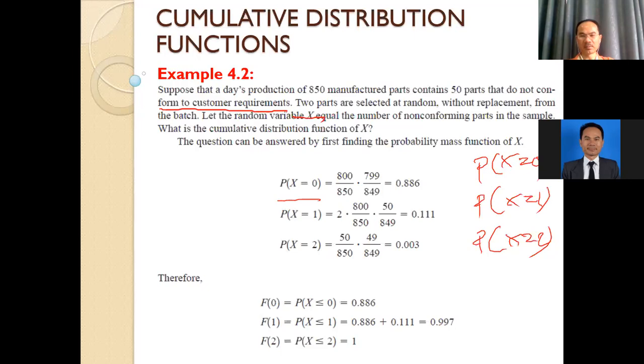For X equal to 0, we have 2 events. The first event is 800 divided by 850. What does it mean?